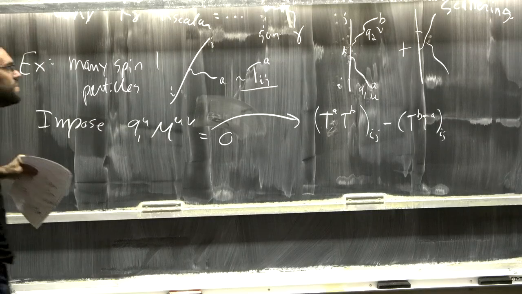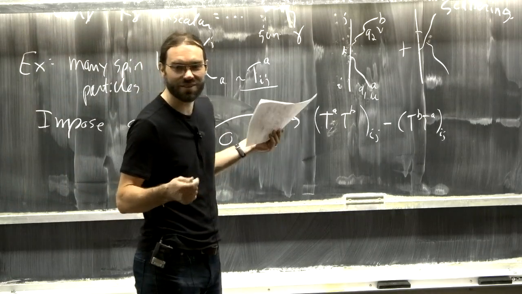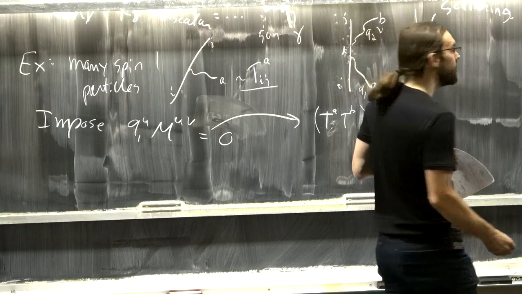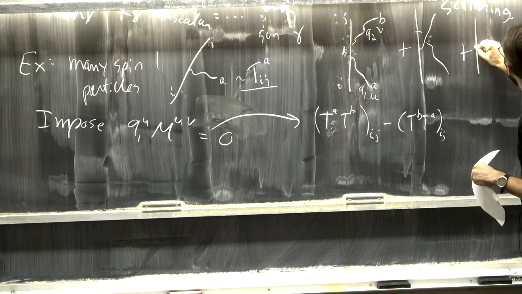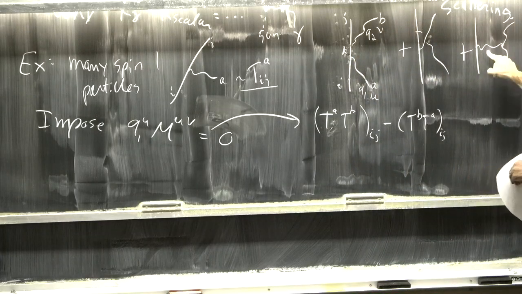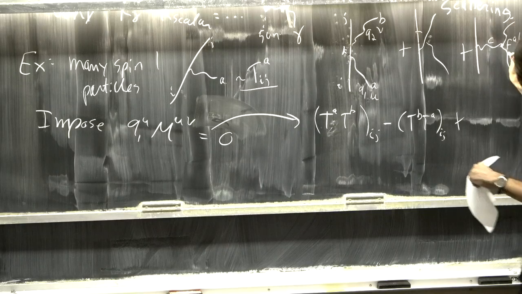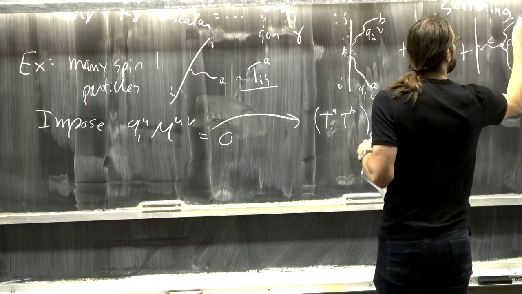So problems in amplitudes have to be solved by new interactions. And what will solve this problem, in this case, is that you can add a third graph. If the spin 1 particle has a self-interaction, now it's possible to cure this problem. Let's call this vertex f^ABC, just to give it a name.